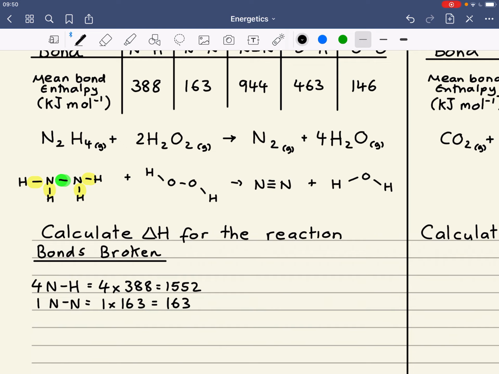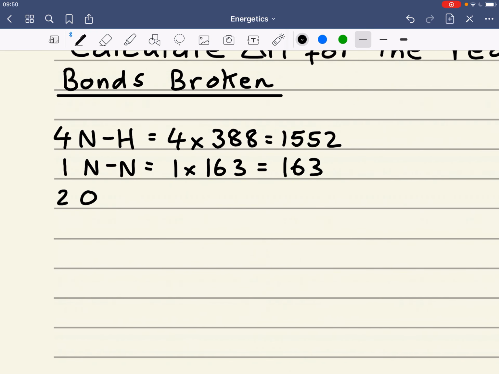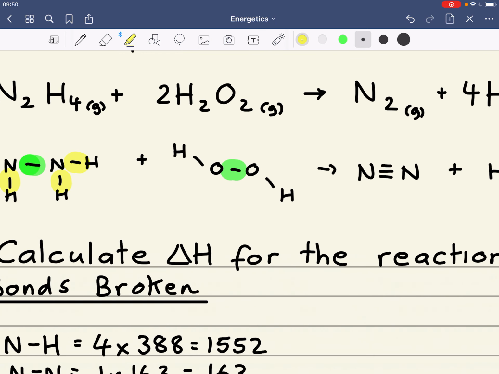And we've also got 2 O-O bonds, because remember, H2O2, so I've got 2 of these molecules, so I'm going to break 2 O-O bonds, which is 2 times 146, which is 292. And I've also got here 4 O-H bonds, 2 O-H bonds per molecule.